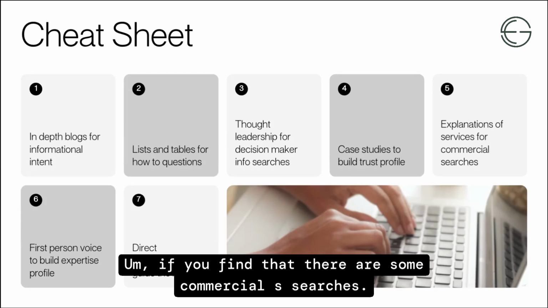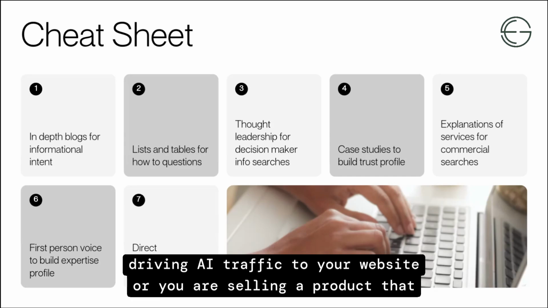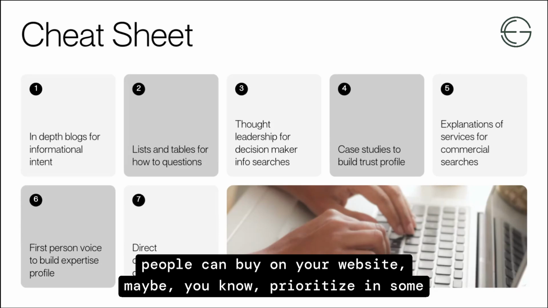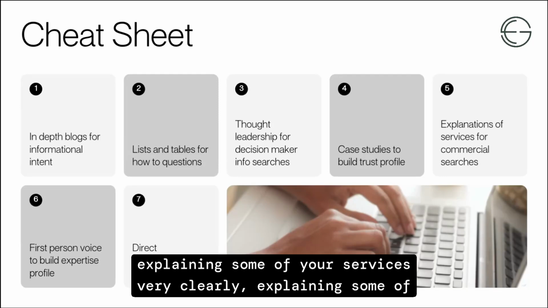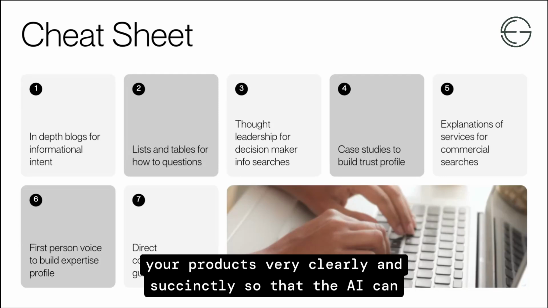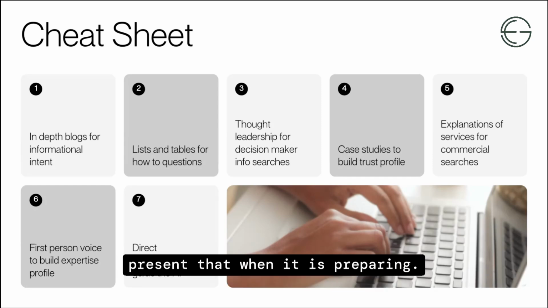If you find that there are some commercial searches driving AI traffic to your website, or you are selling a product that people can buy on your website, maybe prioritize in some of your comparison and informational blog posts explaining some of your services very clearly, explaining some of your products very clearly and succinctly, so that the AI can present that when it is preparing.